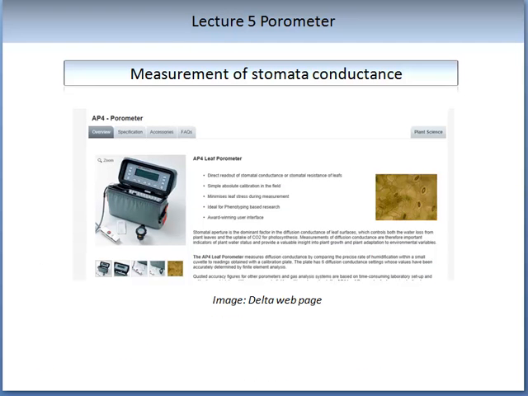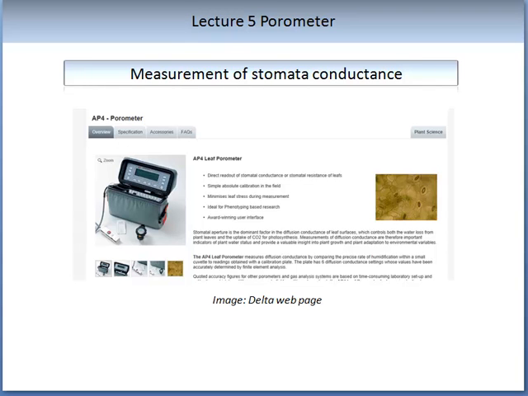There are a few ways that you can measure stomata aperture in a plant. The most common is a porometer. The image on the slide shows a leaf porometer made by Delta, and this is commonly used in field experiments. Another form of stomatal conductance measurement is by an infrared gas analyzer.